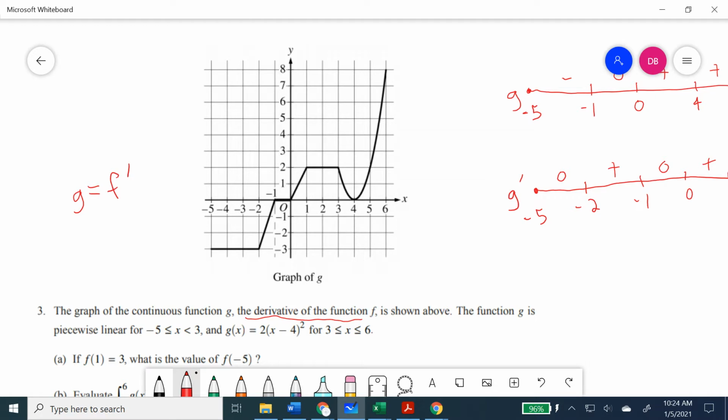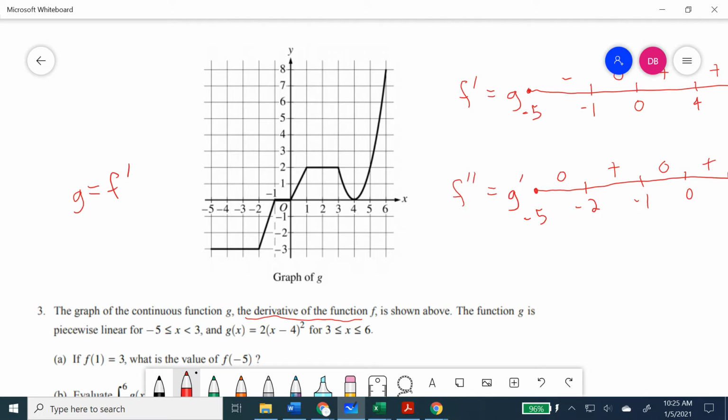So now I'm going to come back over to my charts, and I'm going to label them also with the other function's name. So the chart that I made for G is also telling me about when f prime is positive and negative. My G prime is telling me about the second derivative of f.